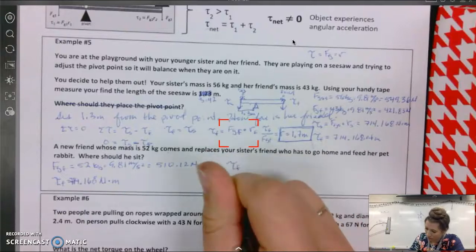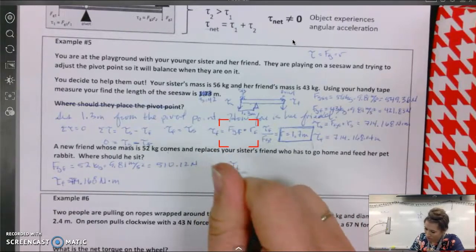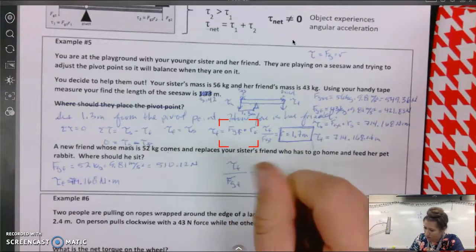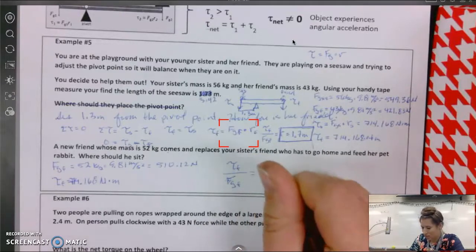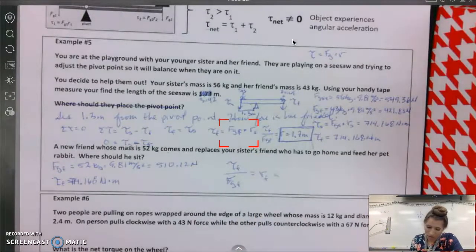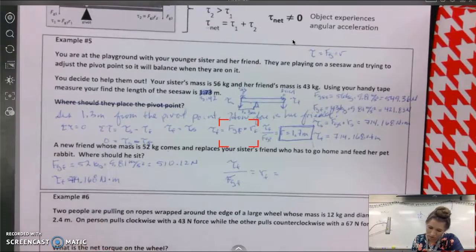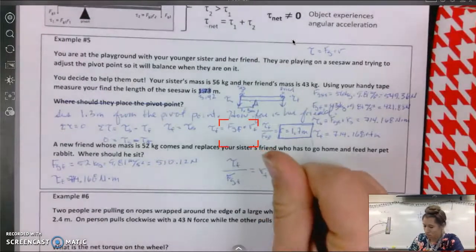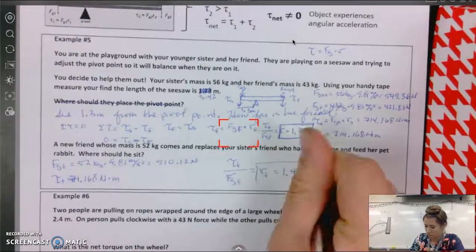The torque of the friend divided by the force due to gravity of the friend will tell us the R component for the friend. And so I'll take that 714 divided by the 510, because that's our new force due to gravity with this new mass. And that gives us 1.4 meters.